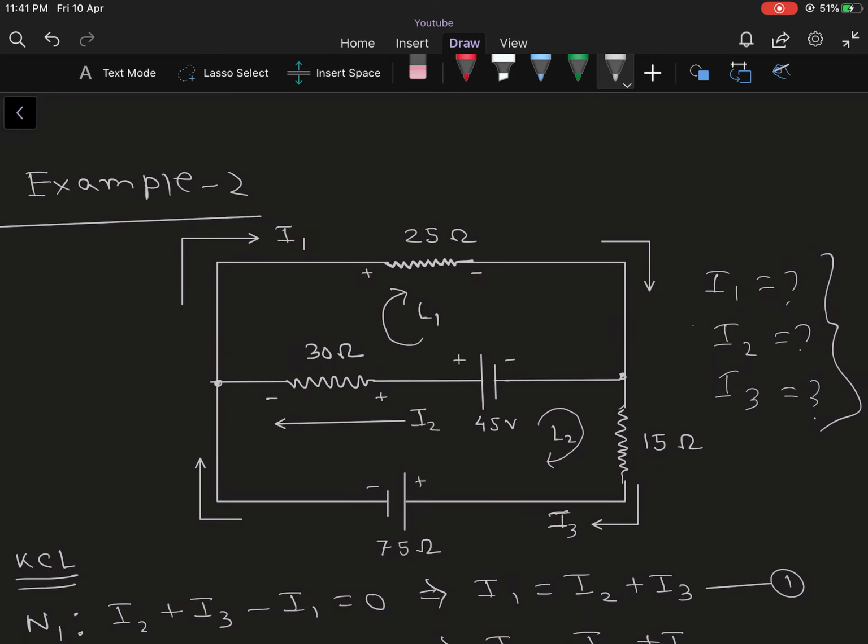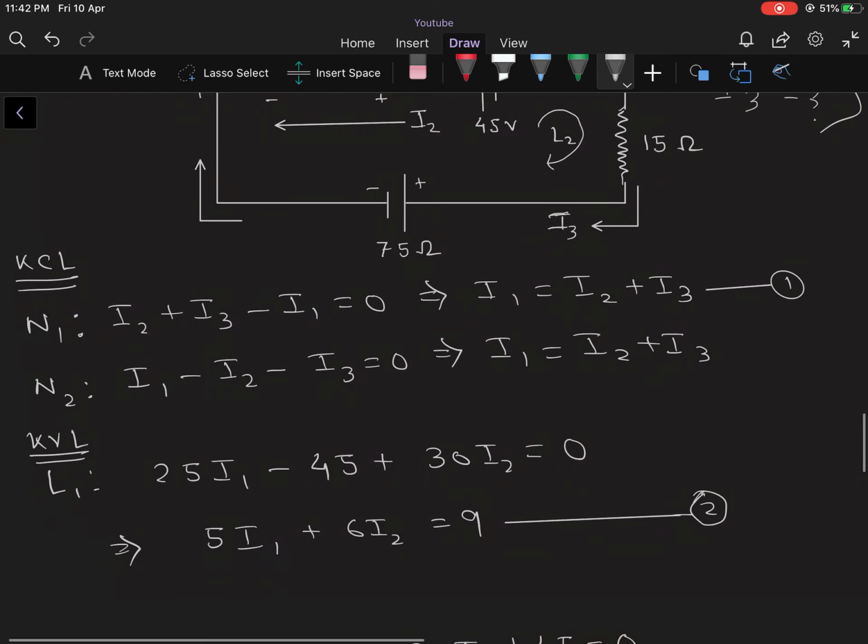Now we choose our nodes here, N1 and N2. These are my nodes, and then we also choose loop L1, which is clockwise direction, and loop L2, which is anti-clockwise direction. Choosing the direction of the loop is arbitrary. There will be no problem. The direction of current is given here.